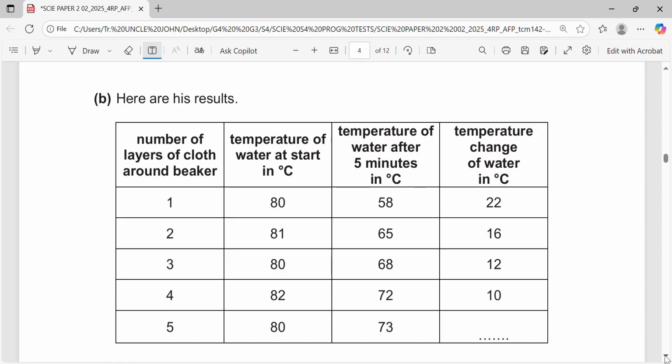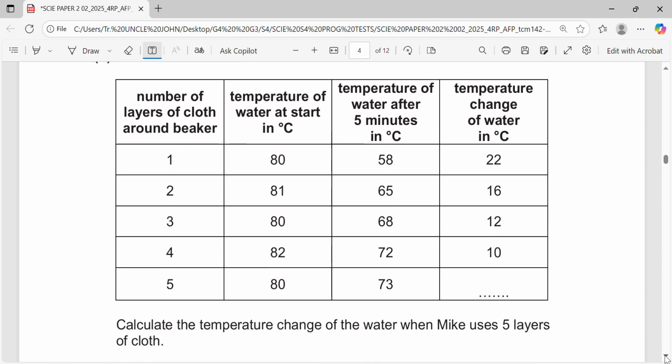Then they are asking, calculate the temperature change of water when Mike uses 5 layers of cloth. Then here, this is exactly 7.